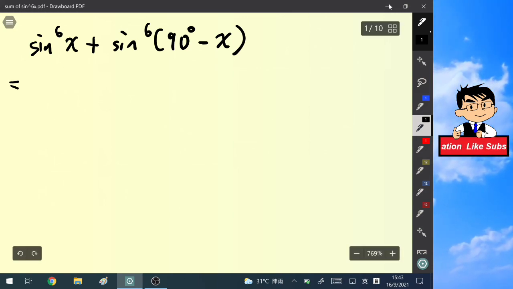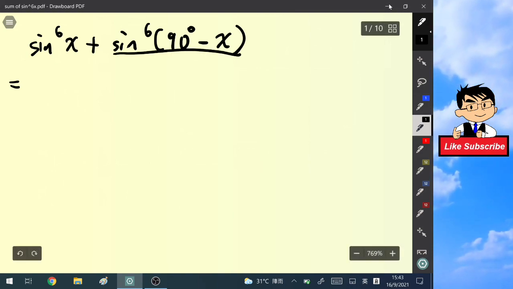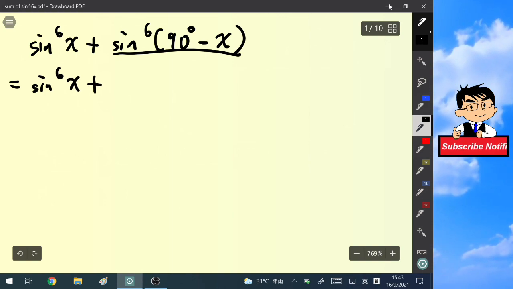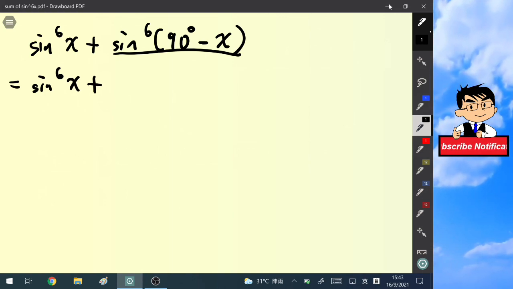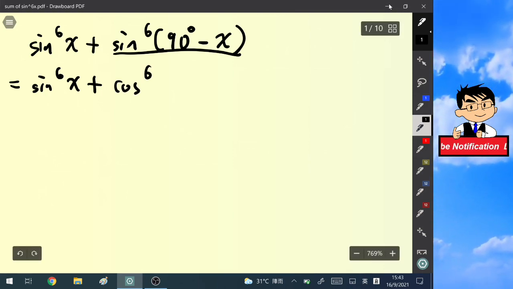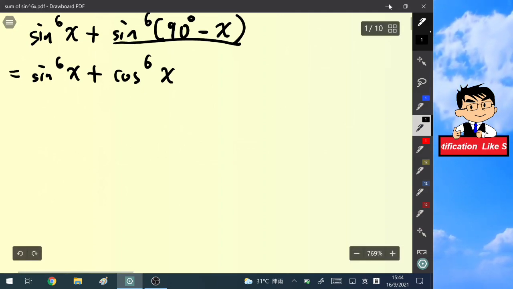We can simplify the second term first, because we can use the previous identity: sine of (90 degrees minus x) is equal to cosine x, and then we give it a power of 6.